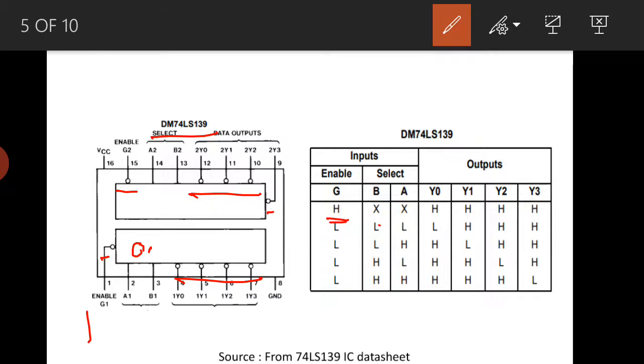In that case, whatever the inputs may be, X means don't care, meaning it can be either 0 or 1. The output will always be high, and as these are active low outputs, high means they are disabled, meaning the output is not valid here.